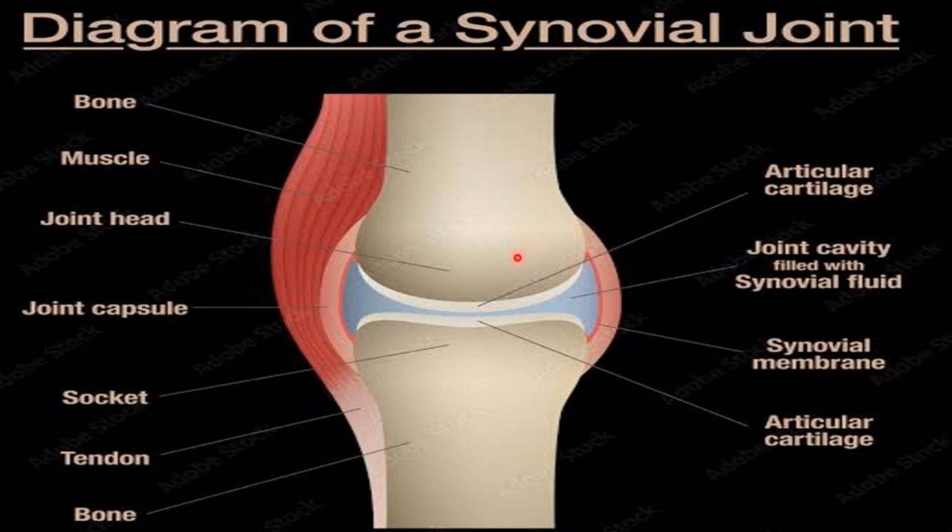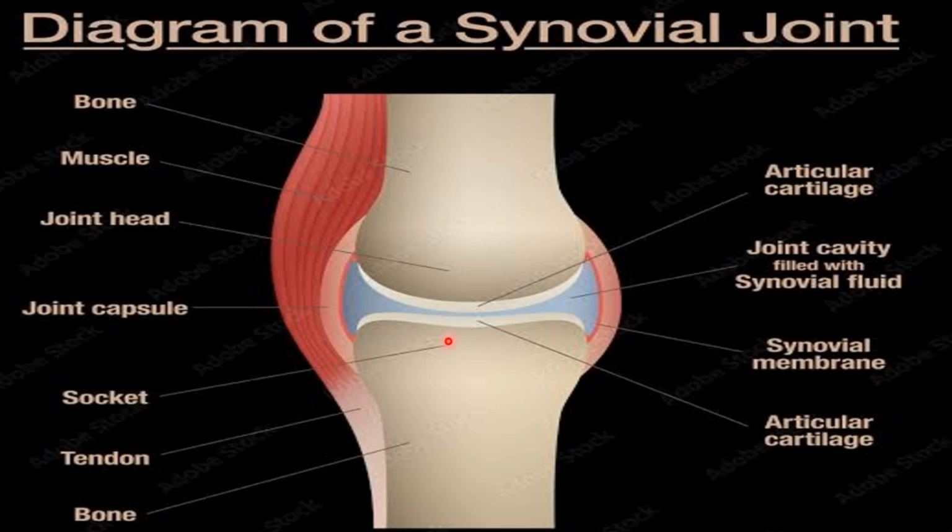The articular bones, which are the bones that come together to form the joint, are covered with the articular cartilage. These articular cartilages are very smooth and slippery, making it easy for the bones to glide over each other.